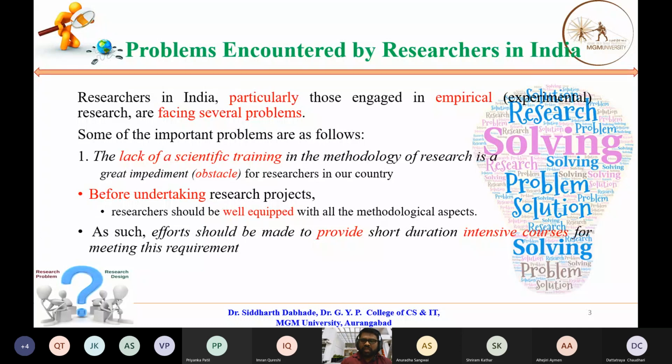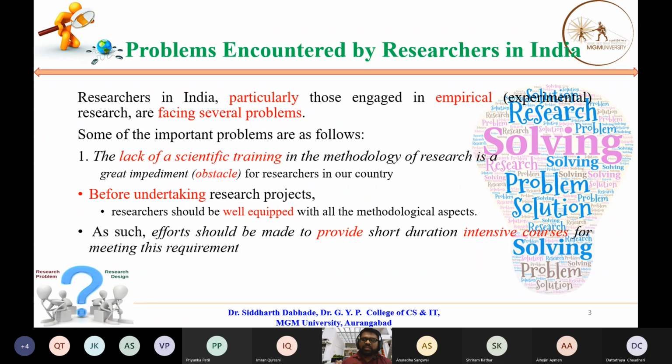That is one of the implications of the UGC, which was due to this problem faced by so many researchers. Because of that, the UGC created a rule, and because of that rule you are getting scientific training.